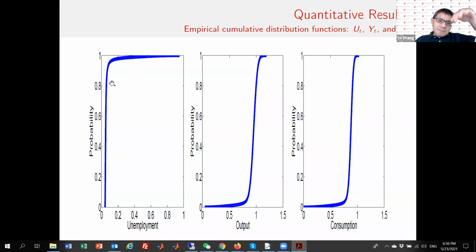Most of the time it hovers around the median, and with small probability it spikes up like crazy. Correspondingly, most of the time output stays in normal, median times, but with small probability output can fall off a cliff, and so does consumption.